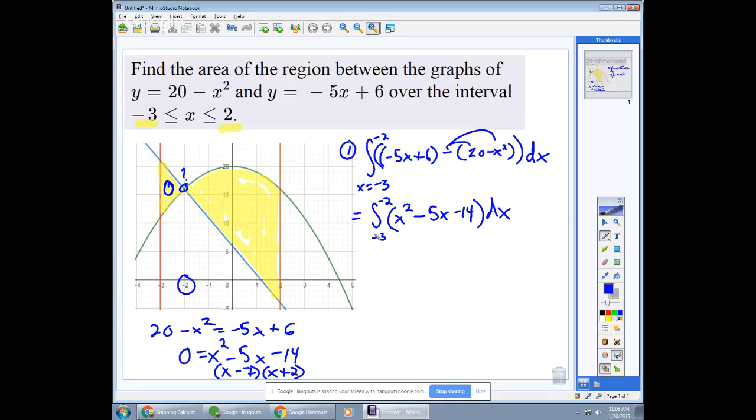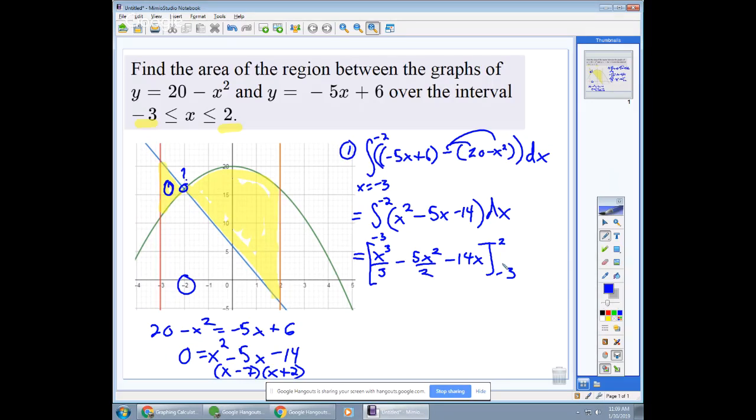What's an antiderivative? 1/3 x cubed. So I'm going to write it as x cubed over 3 minus 5x squared over 2 minus 14x, and that has to go from negative 3 to negative 2.